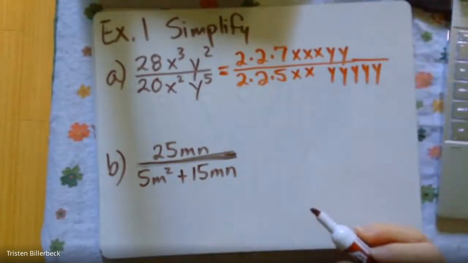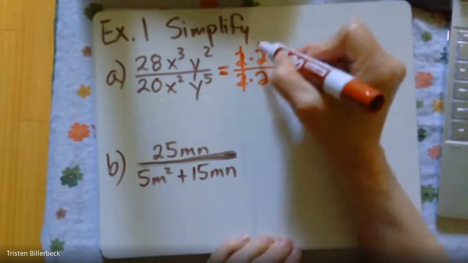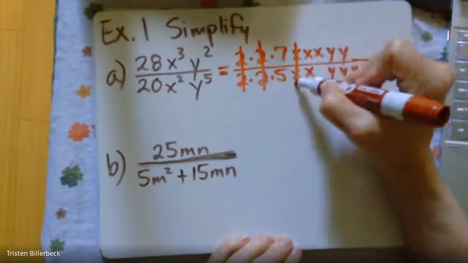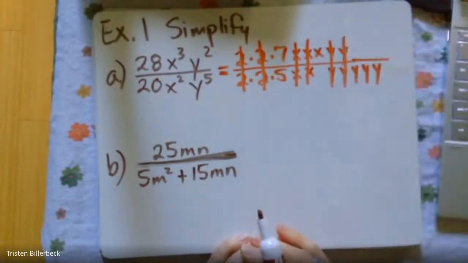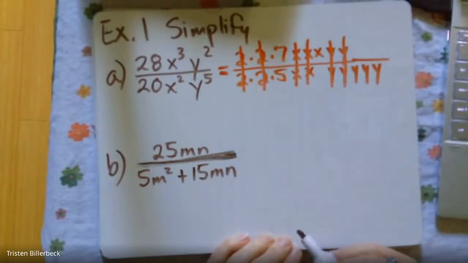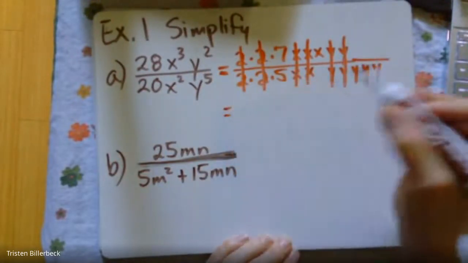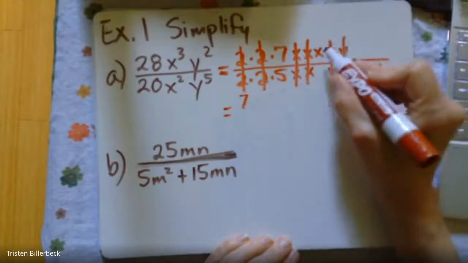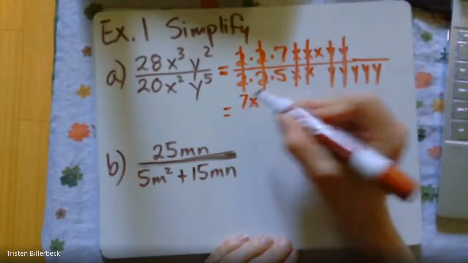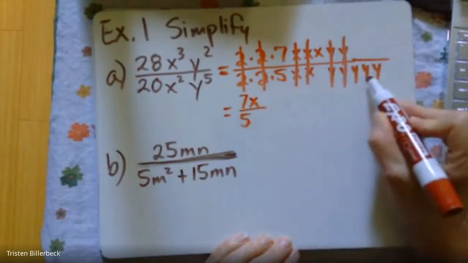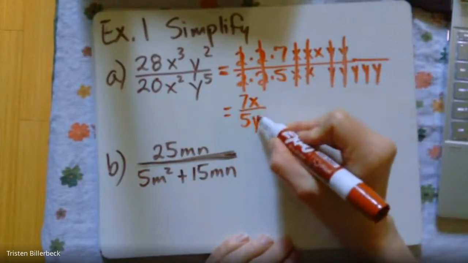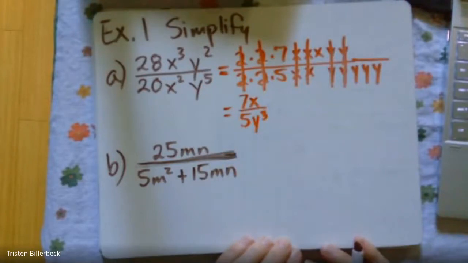So we do cancellation wars. That's 1, that's 1, that's 1, that's 1, that's 1, and that's 1. What we have left is 7, there's 1 x that remains, over 5, and there are 3 y's. So we're going to say y cubed.